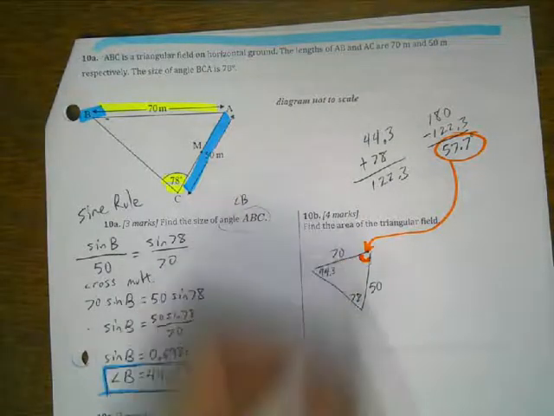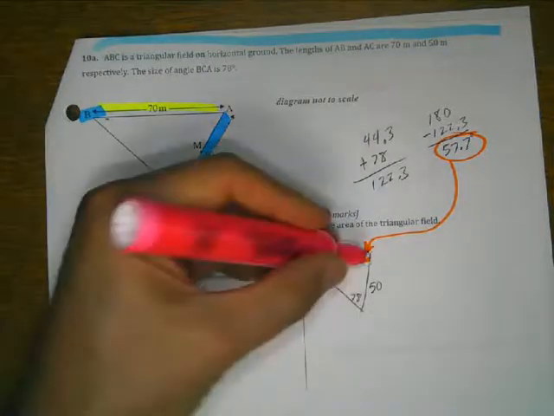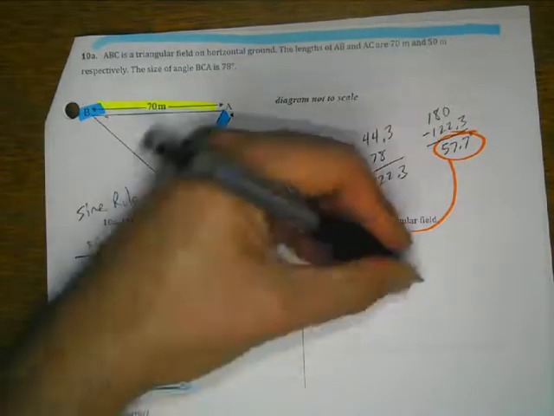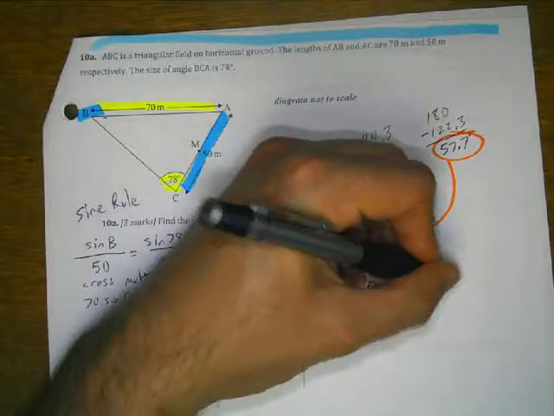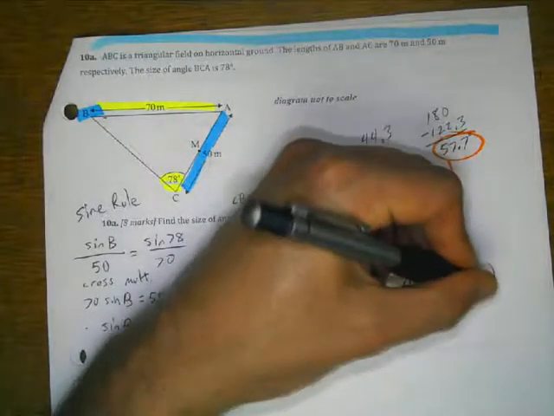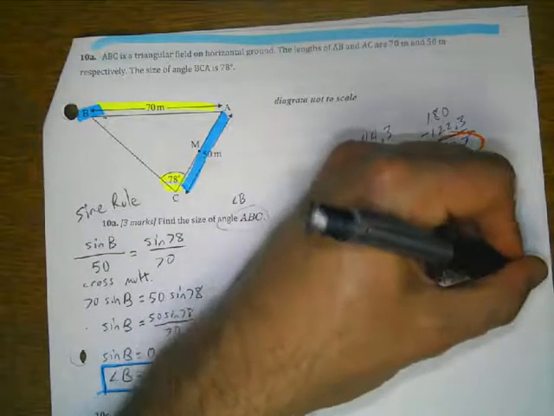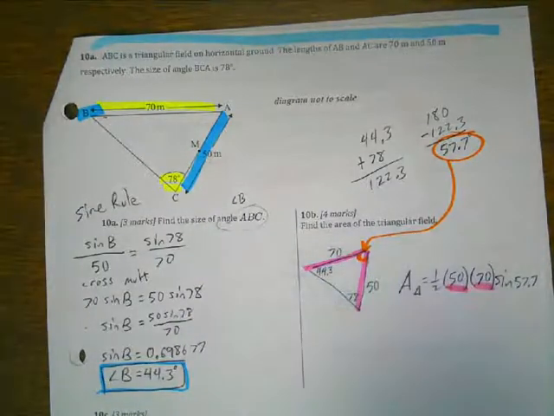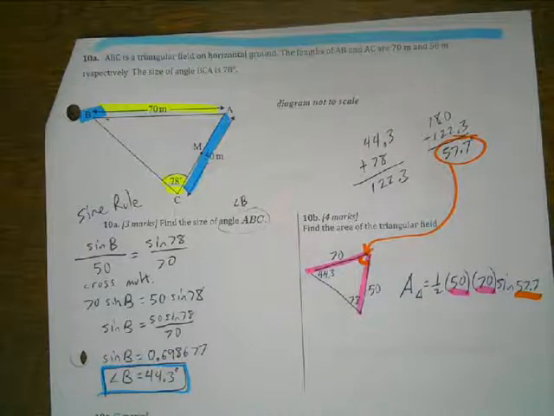Okay, so using this information, we know that's 70 and we know that's 50. I can say the area of the triangle is 1/2 times 50 times 70 times sine of that angle, 57.7, because this is the included angle, right?